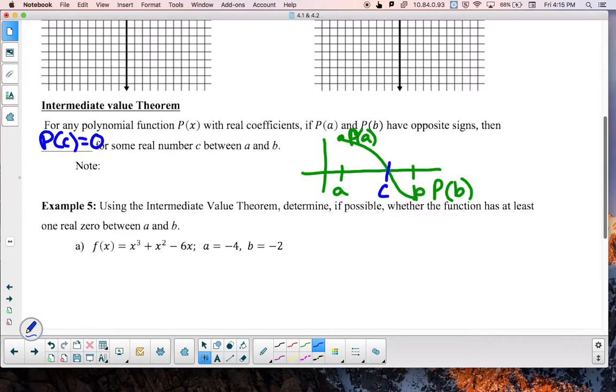So basically, if we have two values that have opposite signs, one positive and one negative, somewhere between those points, we're going to have a 0.